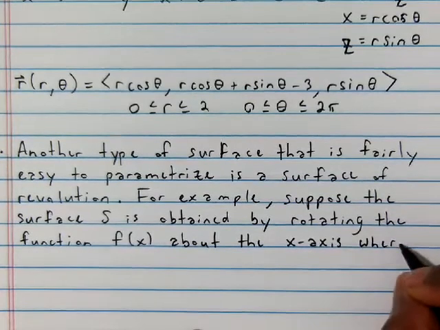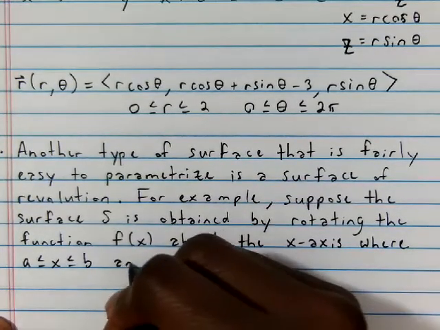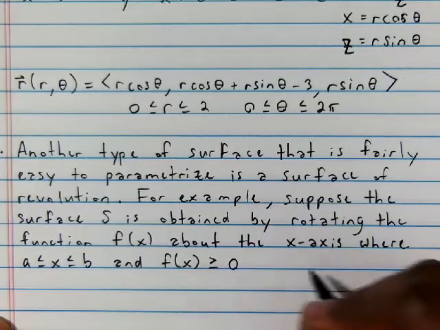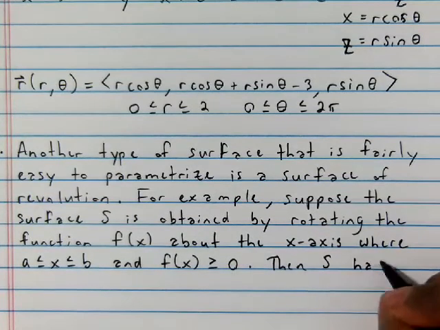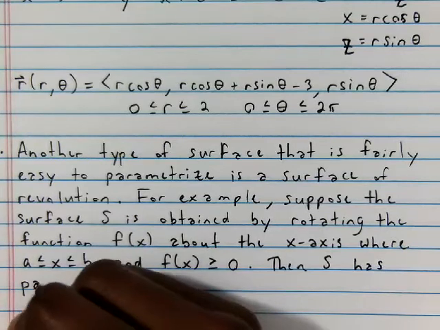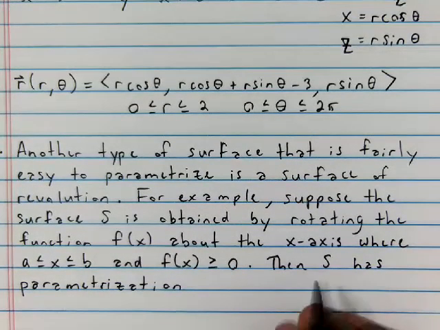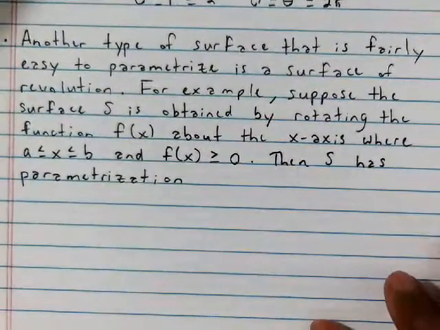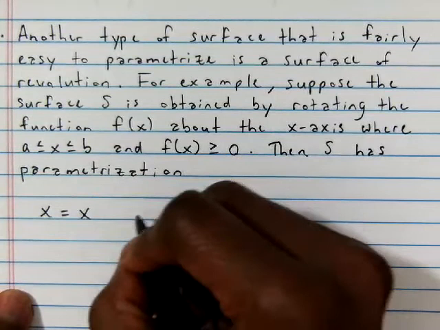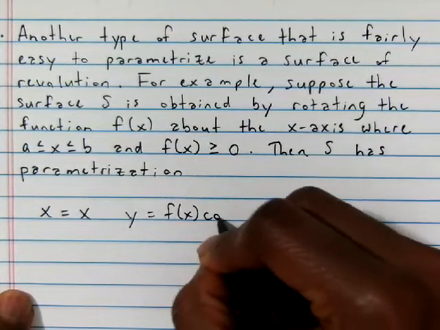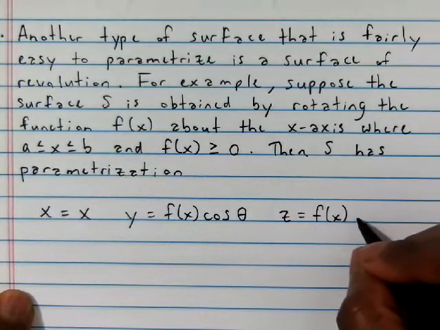where x is greater than or equal to a and less than or equal to b, and f of x is greater than or equal to 0, then S has parametrization x equals x, y equals f of x times cosine of theta, z equals f of x times sine of theta.